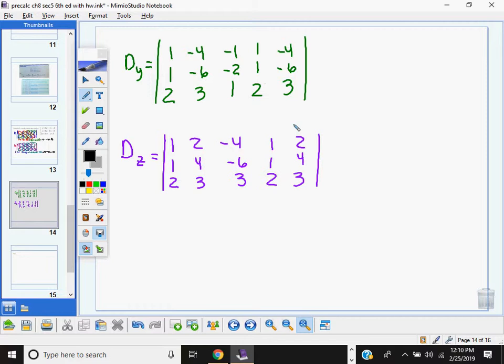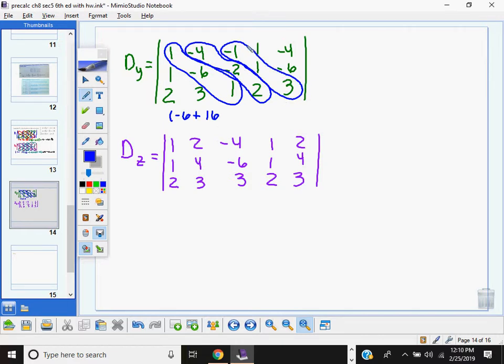Let's multiply down. 1 times negative 6 times 1 is negative 6, plus negative 4 times negative 2 times 2 is a positive 16, plus negative 1 times 3 is a negative 3. Then we put a minus, and let's multiply up.